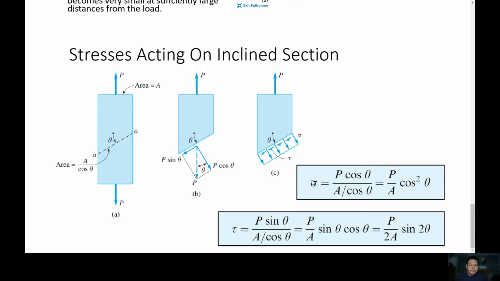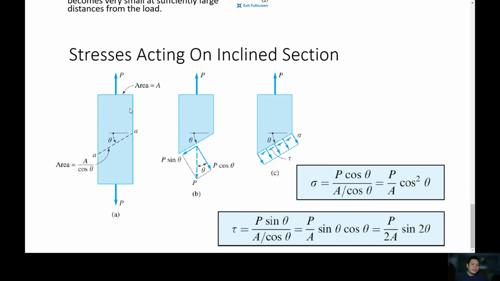So if you're looking for the normal stress in an inclined section, then you may directly use this formula: P over A, cosine theta over P cosine theta over A over cosine theta, which we can simplify as P over A cosine squared theta.